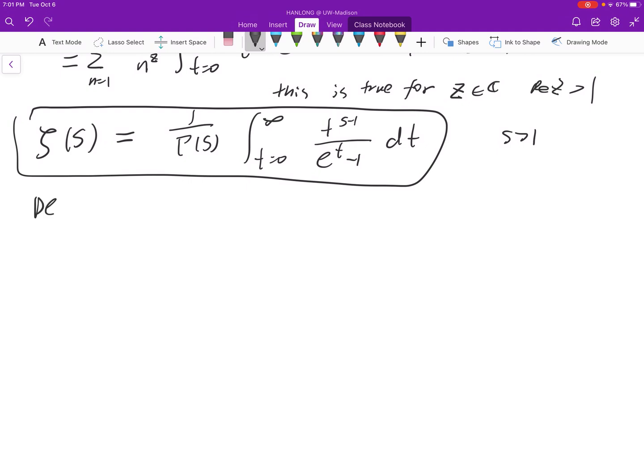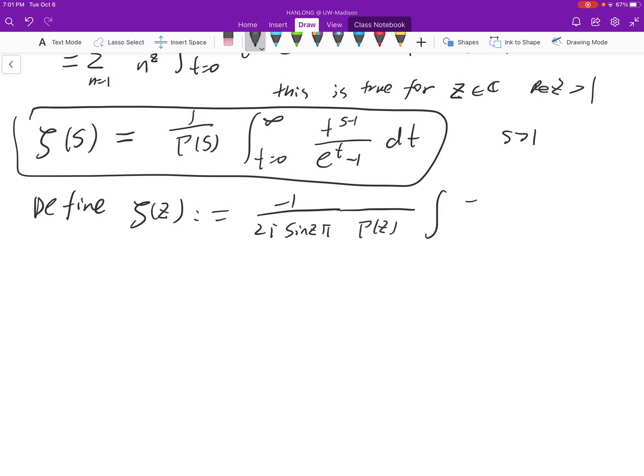We define zeta hat z by negative 1 over 2i sine z pi times gamma z times the integration of negative omega to the z minus 1 power over exponential omega minus 1. So here you have the loop C, d omega.